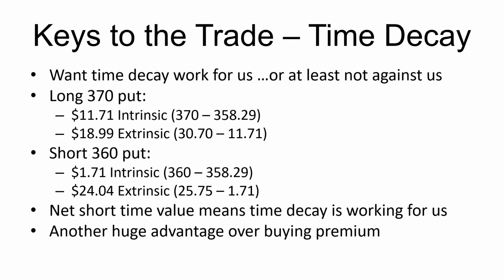You take the strike price of 360 minus the stock price, 358.29. That's where you get the $1.71. But the option sold for $25.75, so that means that $24.04 of that option is extrinsic or time value. So we are long about $19 of time value, and we're short about $24 of time value.